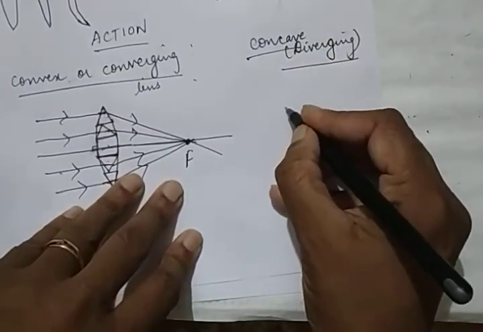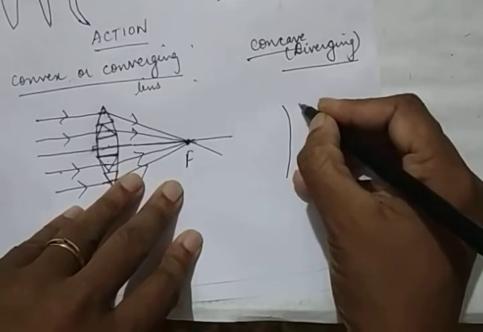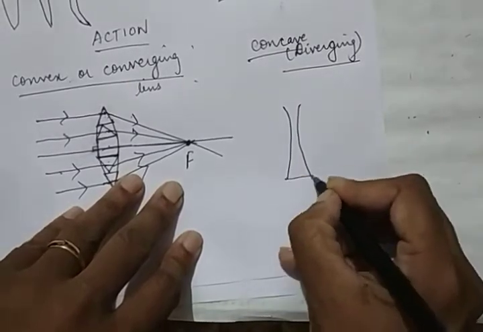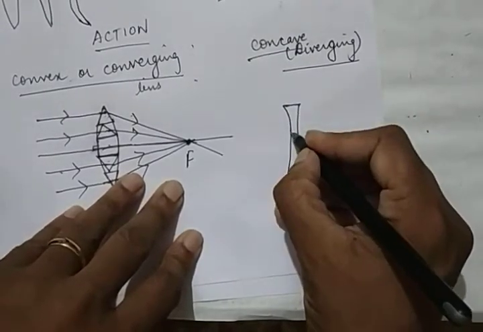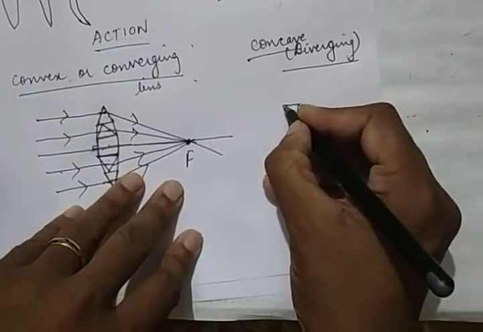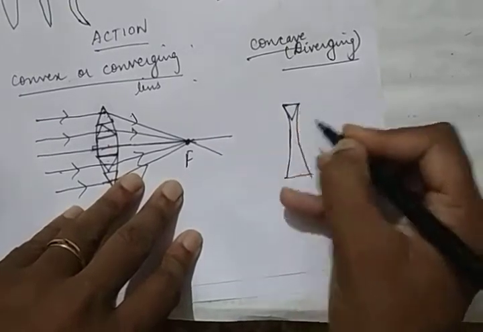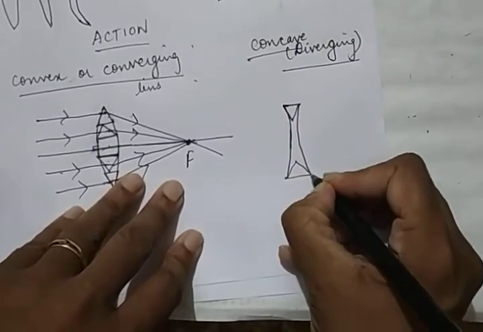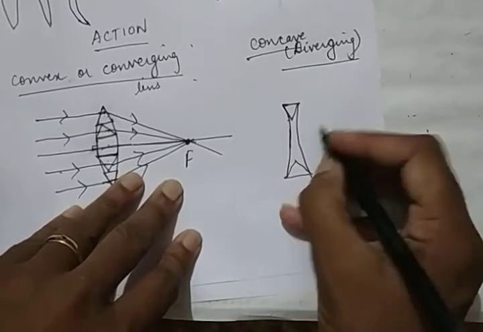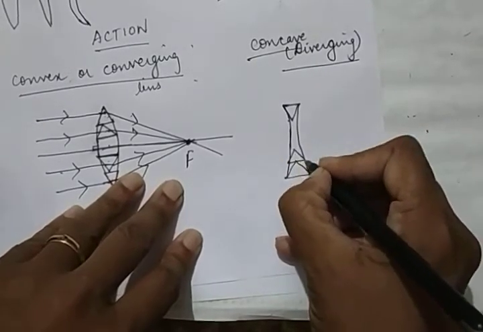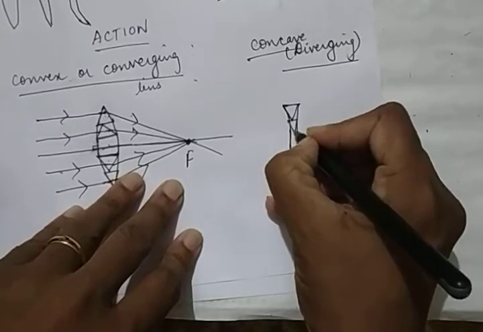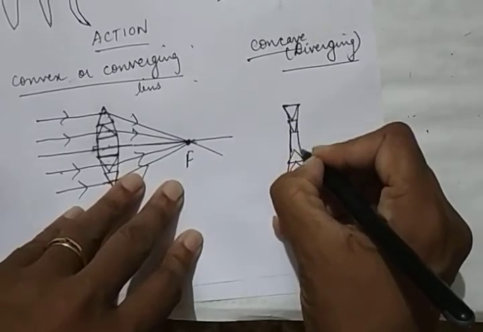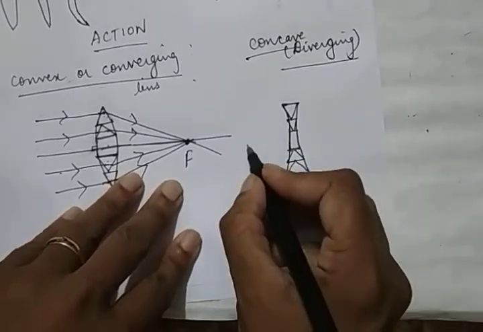Let's try to understand it from the shape. Its shape is like this. If I divide it into a number of prisms, this will be one prism, this is another prism, and this is another prism, and the center part will be a rectangular glass slab.